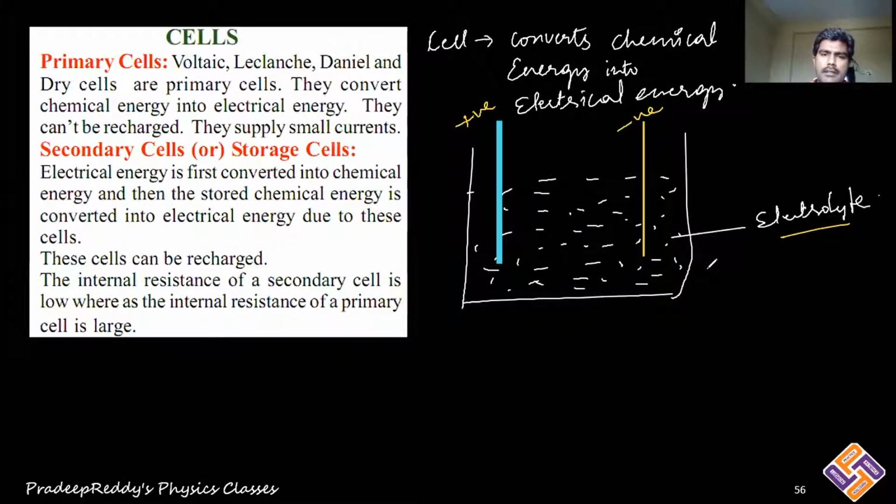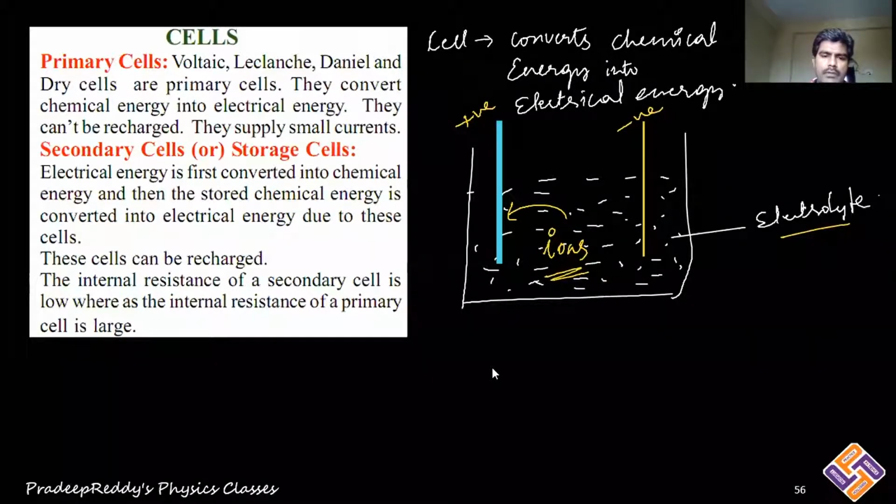Now whenever there is a chemical reaction taking place here, the electrolytic solution splits into ions. The electrolytic solution which is present here splits into ions, and negative ions are pulled towards the positive electrode and positive ions are pulled towards the negative electrode, right?